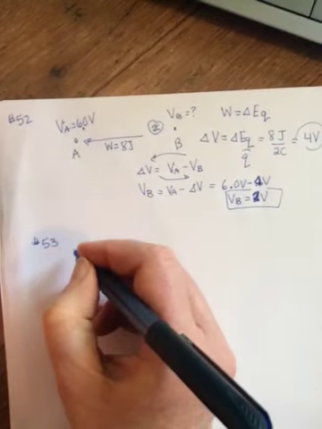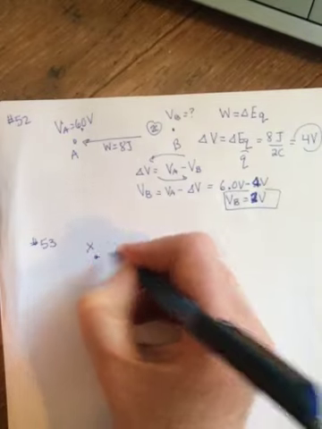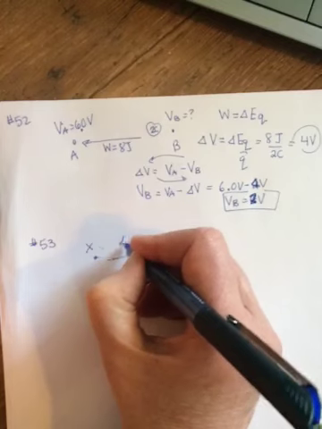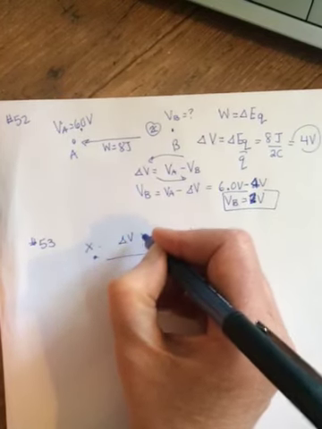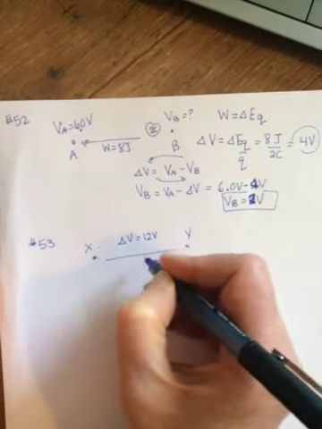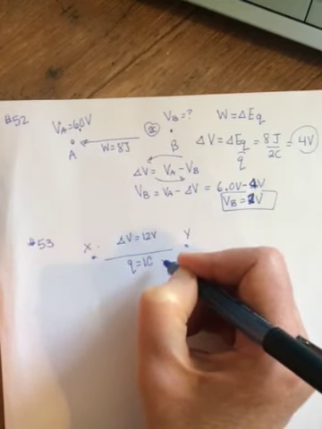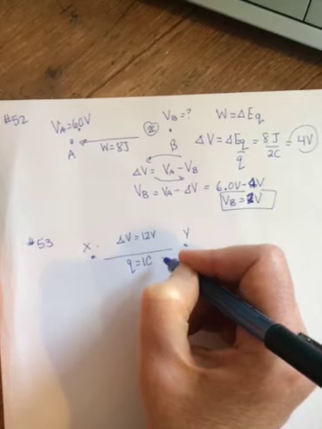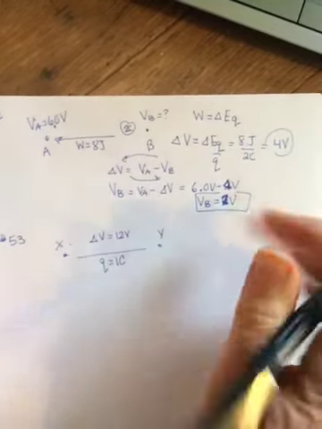53 says a potential difference between point X and Y. So here's point X, here's point Y, and the potential difference between them, the delta V, is 12 volts. If a charge of 1 coulomb, so the little q that you're going to move is 1 coulomb, is released from the point of higher potential and allowed to move freely to the point of lower potential, how many joules of kinetic energy will it have?